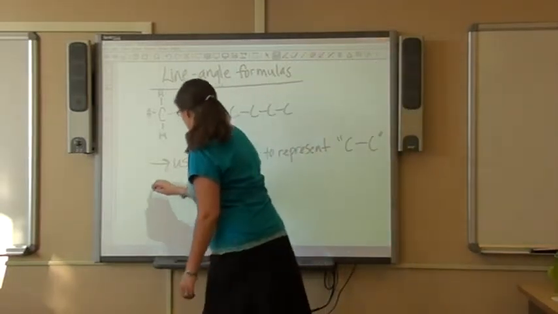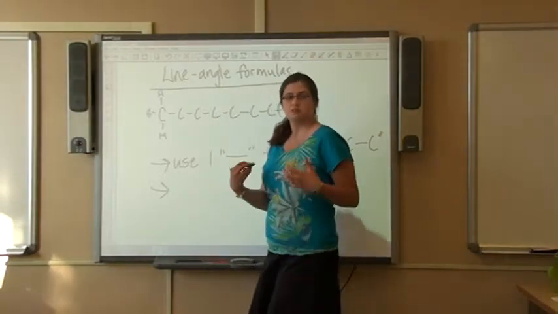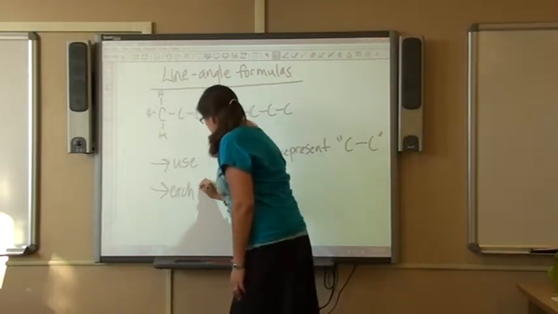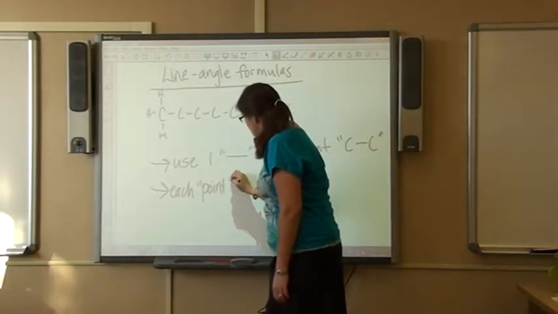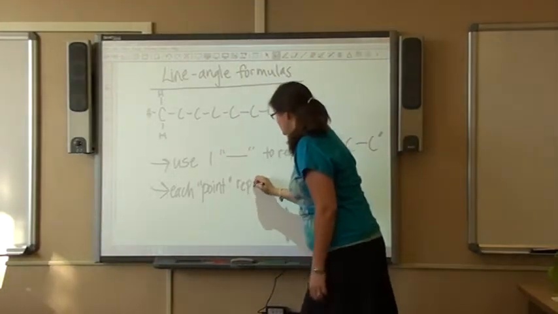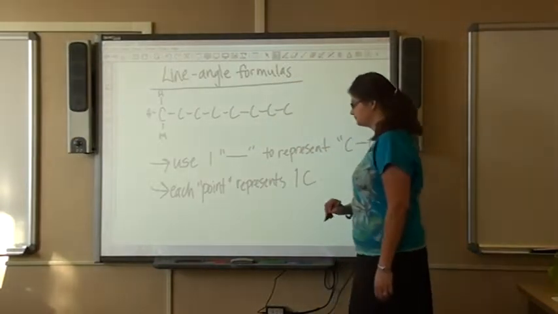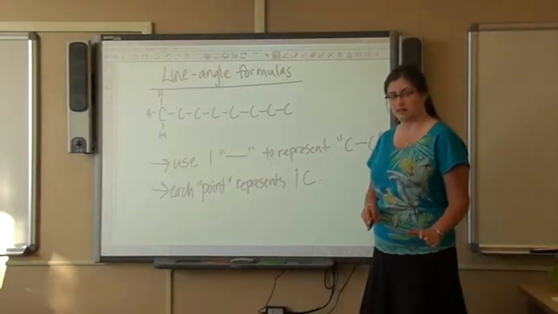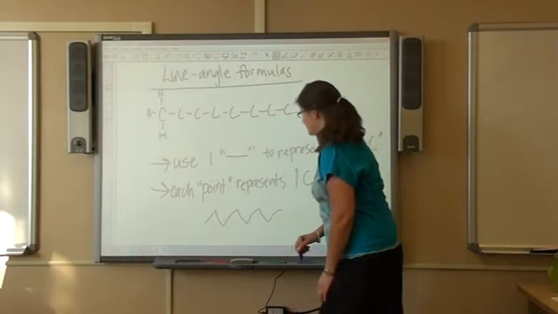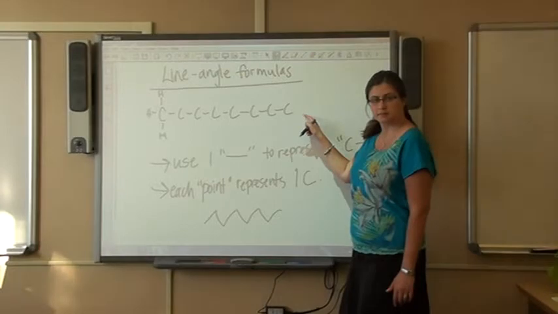Now the thing to make real note of, the most important thing when writing these line angle formulas, especially when we're first learning how to use them, is that each point in your line angle drawing represents one carbon. Okay, let's talk about what that actually means. This is this compound.